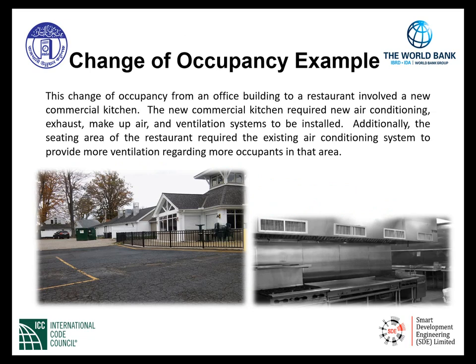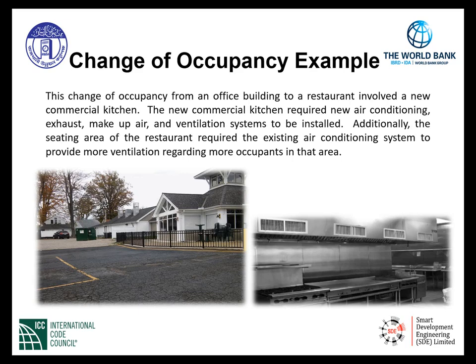The change of occupancy indicated in the photos below involved an existing office building that was converted to a restaurant. This is considered a change of occupancy. The office building was converted to a restaurant that includes a dining room and a brand new commercial kitchen.